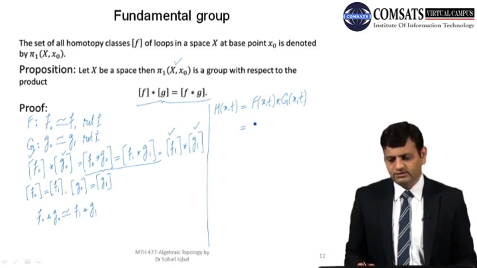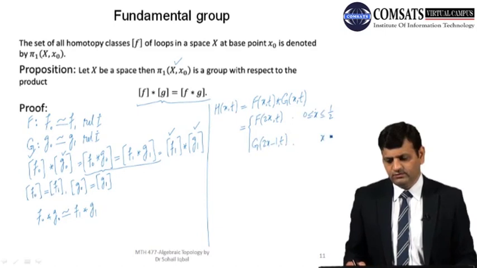So in other words, this is equal to F of 2x, t, where x varies from 0 to 1 by 2, and G of 2x minus 1, t, where x varies from 1 by 2 to 1.